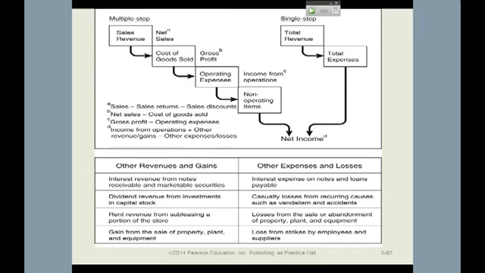Other expenses would include interest expense, casualty losses, insurance losses, losses from sale of property, plant, and equipment, and losses from employee strikes. If employees walk off the job, how much did you lose, or how much was incurred for those strikes? So again, you can read that. It'll be obviously clear if you had the slide printed, but if you don't have it with you, that'll be something that you can print out.